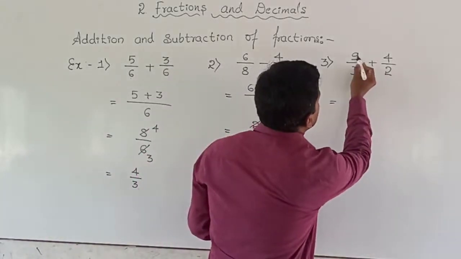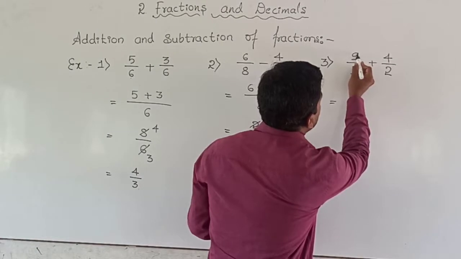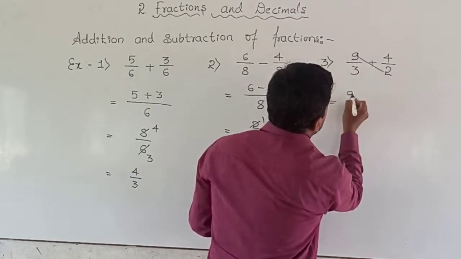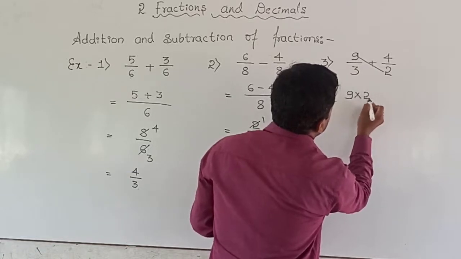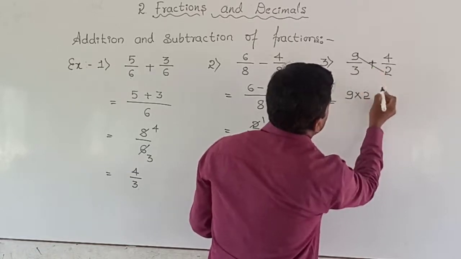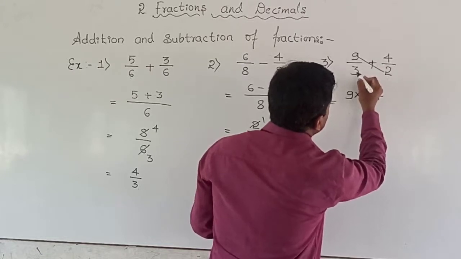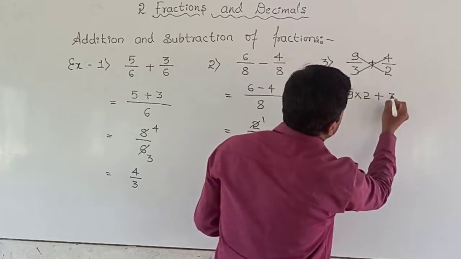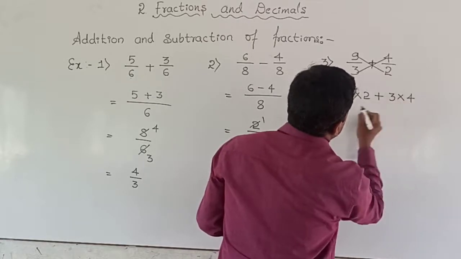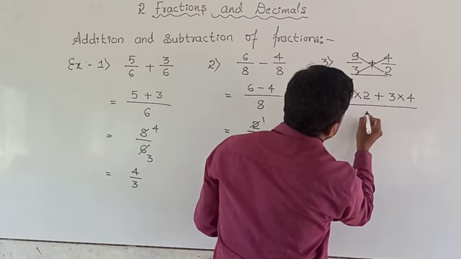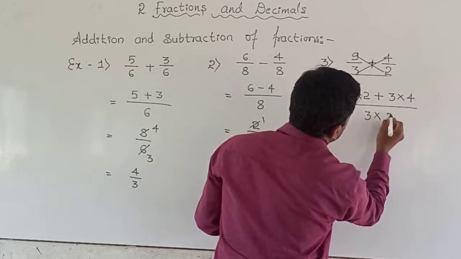Cross multiply the first fraction's numerator and the second fraction's denominator, that is 9 into 2. What is the operation here? Plus. Next, the second fraction part, 3 into 4. Next, divided by the product of the two denominators, 2 into 3 or 3 into 2.